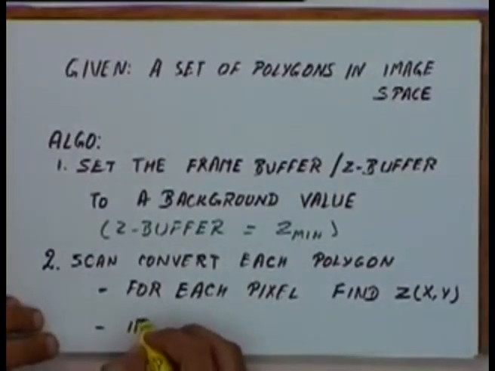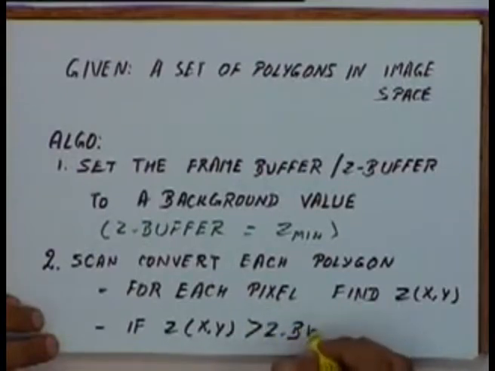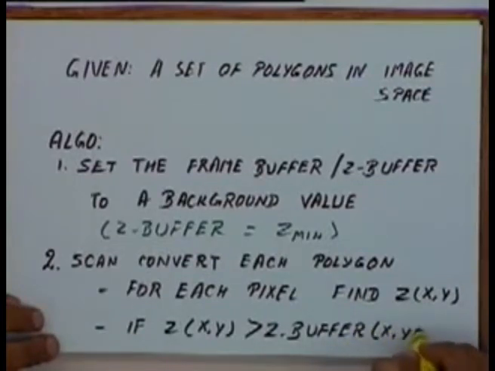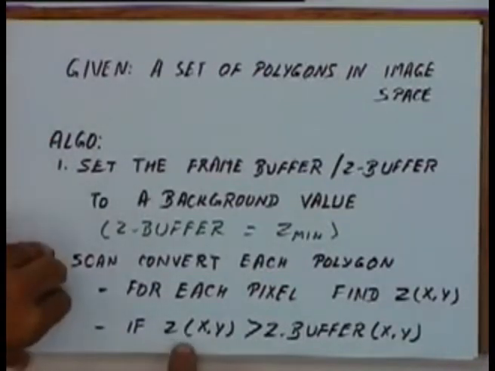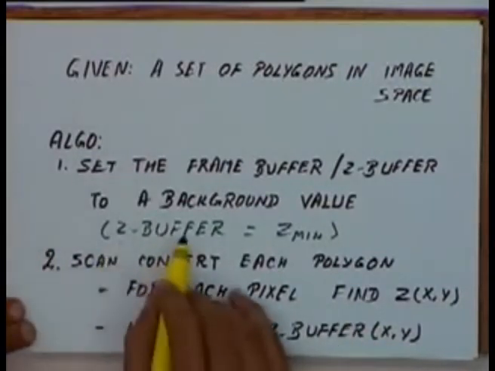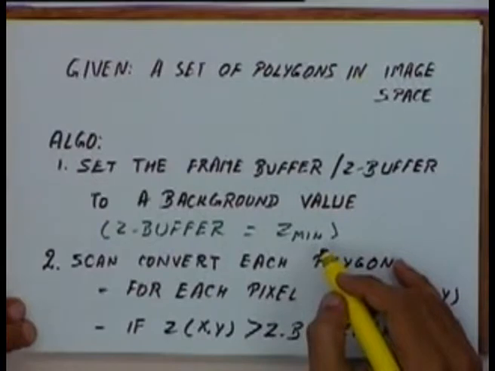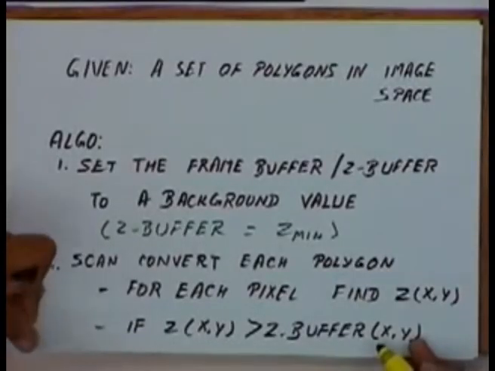And if z of xy is greater than the z buffer. Right now what I have done is the z buffer I have initialized to a minimum value. That means the point which is the farthest from the eye, I am taking that to have a negative z value. So z of xy is greater than z buffer.